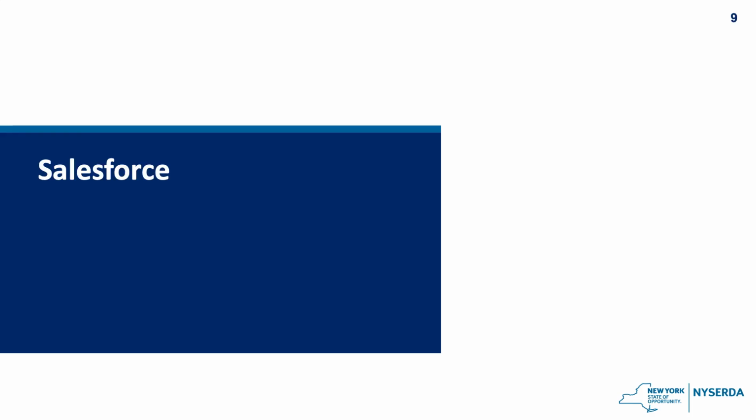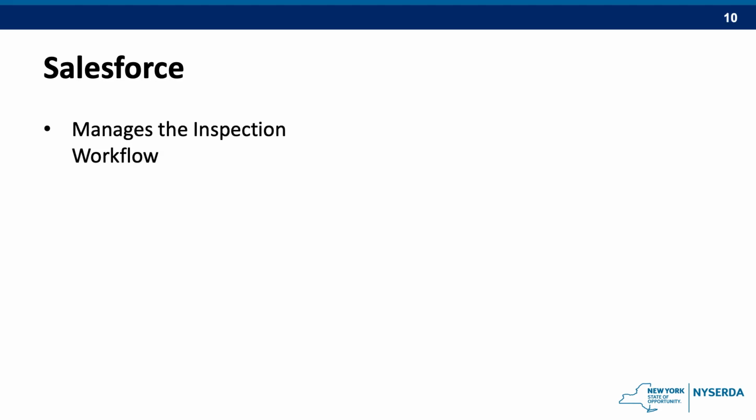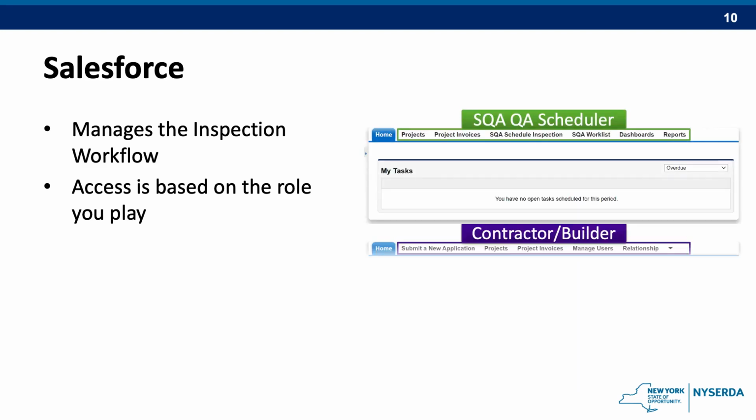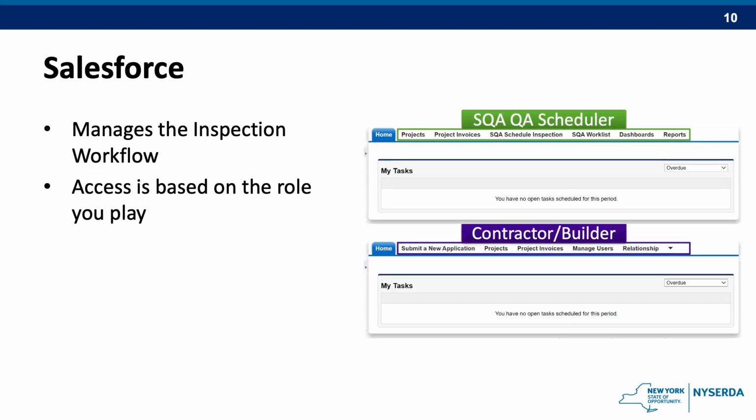In this chapter, we will review Salesforce, the application behind the SQA Inspection module. The SQA Inspection module is built within Salesforce with workflows that automate and manage the inspection process. Navigation within Salesforce depends on the role you play in the inspection. For example, the menu options are different for an SQA QA scheduler and for a contractor or builder.